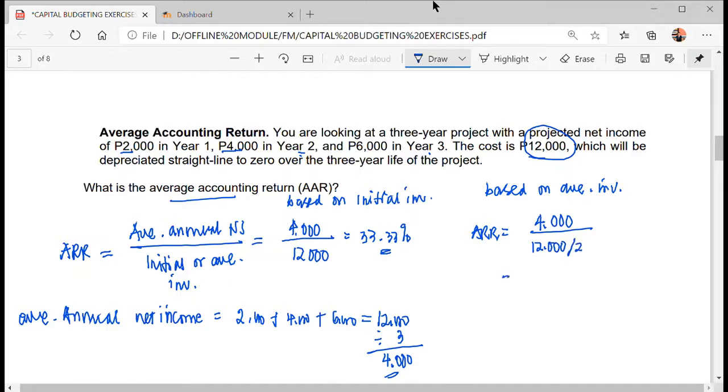So 12,000 divided by 2 is 6,000, and that would be 4,000 divided by 6,000, which is 66.67%. When you average the investment, it is times 2 the initial investment result. 33.33 times 2 is 66.67. So that is the answer for question number 3.